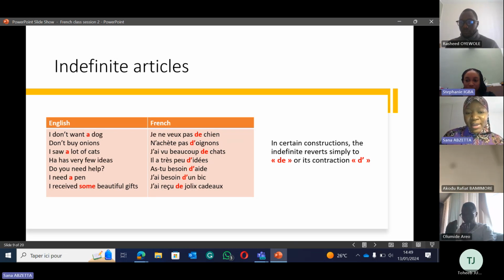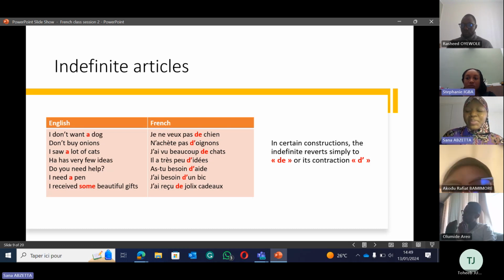So you told her, I don't want tomatoes. Tomatoes is plural, right? Yes. So if you want to translate it in French, from what we learned earlier, you would say, je ne veux pas des tomates. You would use des, because it is plural.